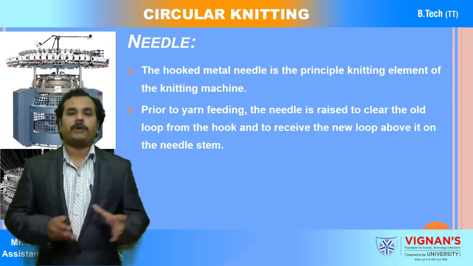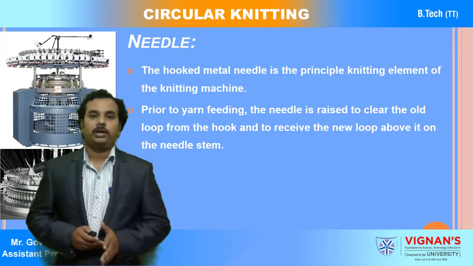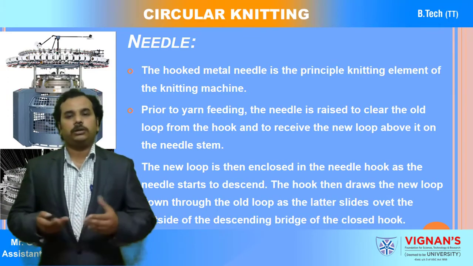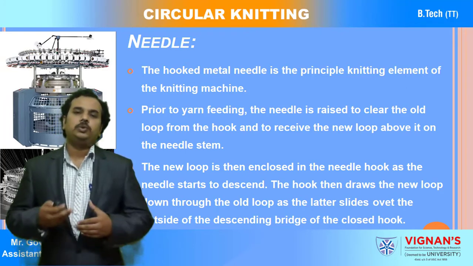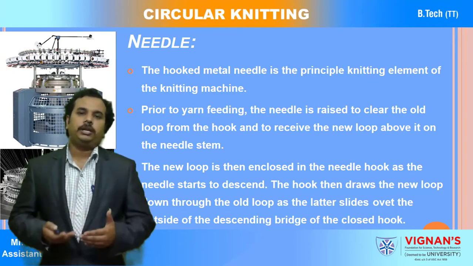These are the basic sequences of loop formation of a latch needle, and the new loop is then enclosed; that is how the new loop is made using the needle.